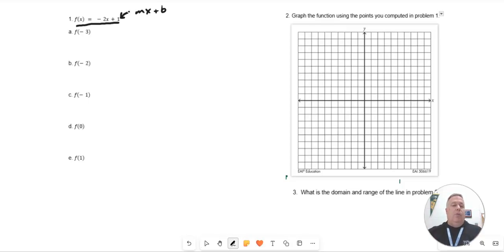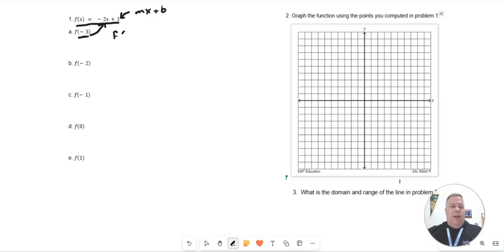But before we graph this out, we have to come up with some points that we're going to graph. And in the problem, we were given 5 different points. This -3 is an x value. We are going to plug that into the equation for x. So let's do that for each of these.